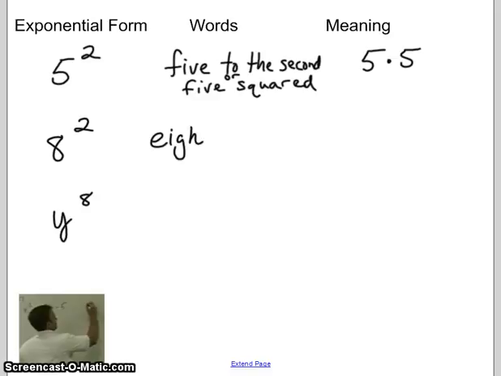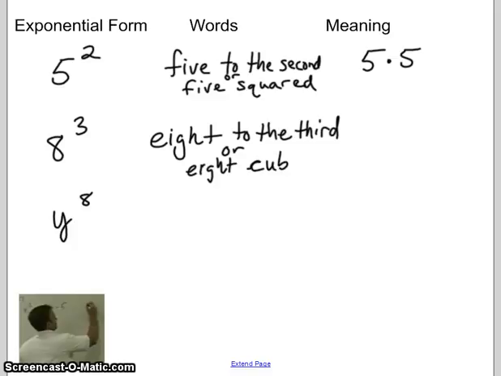I'm going to change this up. 8 to the third, also known as 8 cubed, which means we're going to do 8 times 8 times 8.